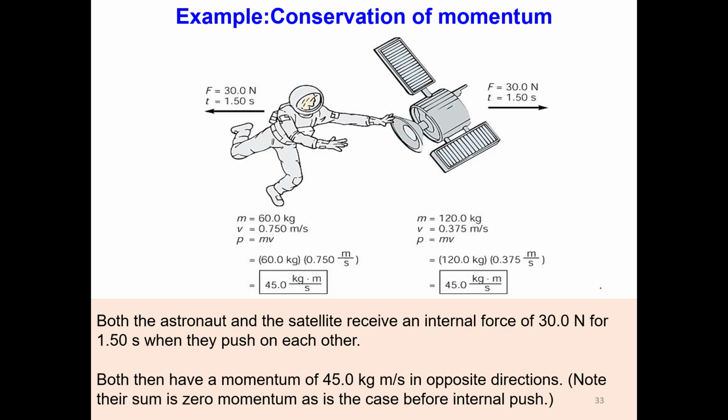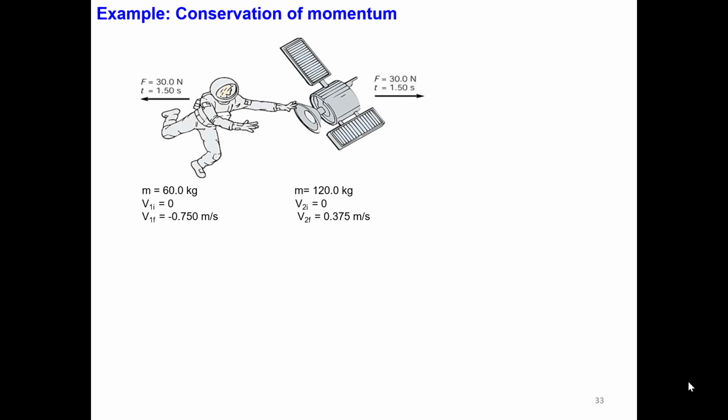Now in this example, we want to bring the result we got for the astronaut and the satellite problem, and we want to apply the conservation of momentum to this problem.